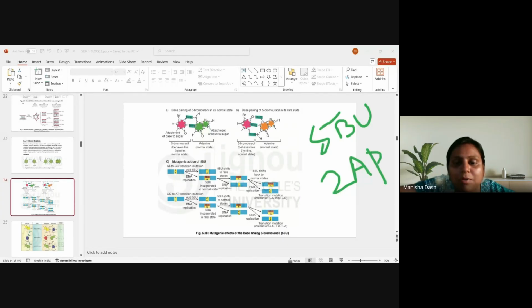So 5-bromouracil is a base analog of thiamine. Okay. So where we are expecting in a DNA that adenine should pair with a thiamine, it may mispair with a 5-bromouracil, because if you look into the structure of 5-bromouracil, it is almost identical to thiamine, except at this position it has a bromine, where the thiamine has a CH3 or methyl group.